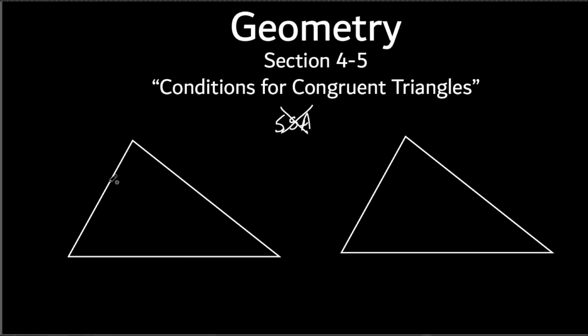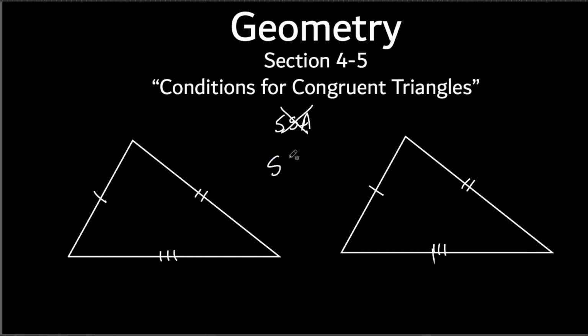But there is this. Everybody watch. If I knew that one side was equal to another, and I knew a second was equal to this one right here, and I know a third was equal to this one right here. I don't know anything about the angles at all. All I know is that the corresponding sides are equal to each other. That's enough to say that the triangles are congruent to each other. So what do you think we call this one? Very good.